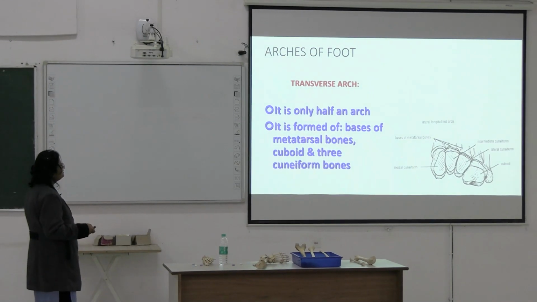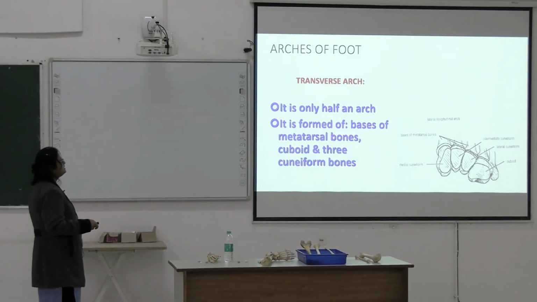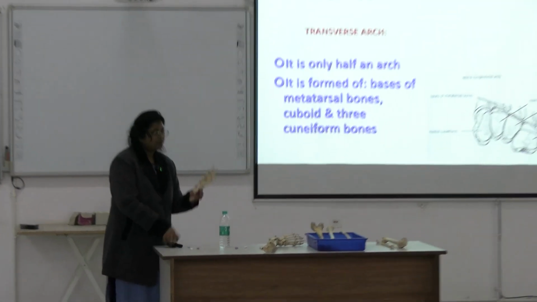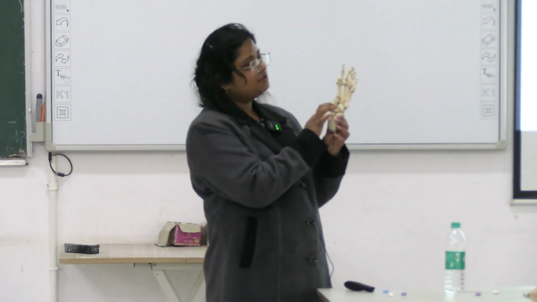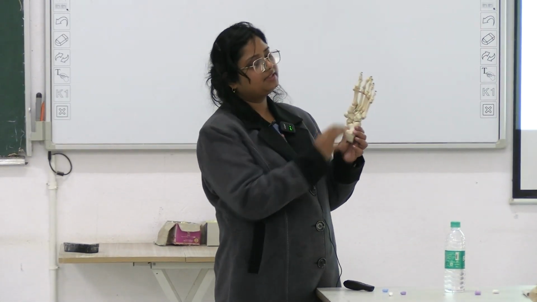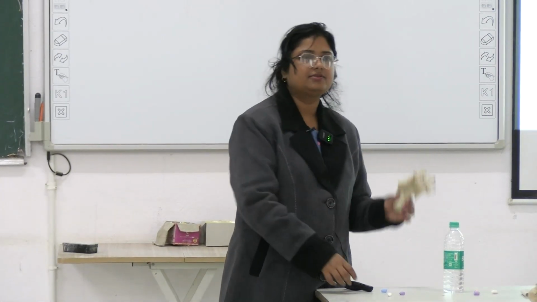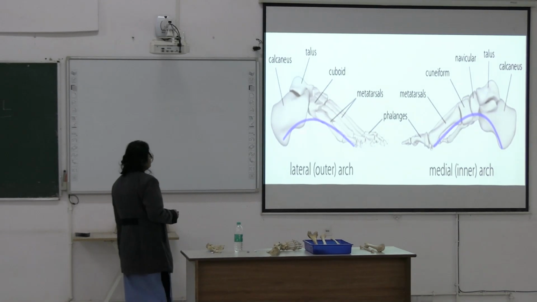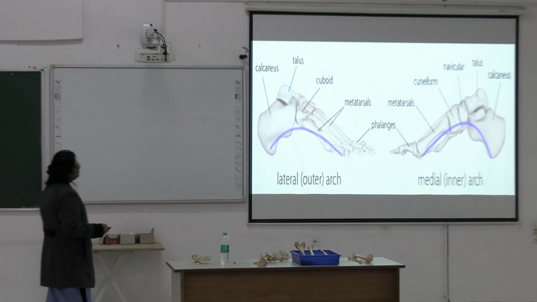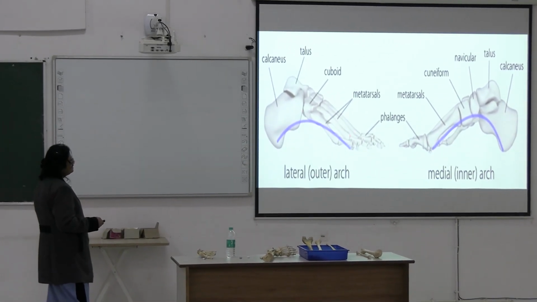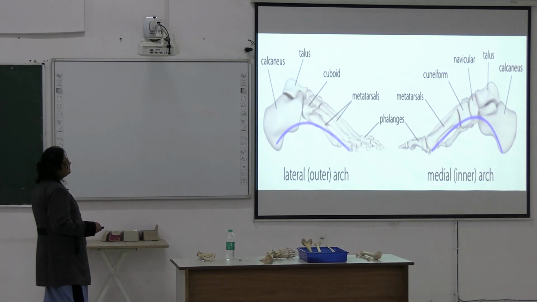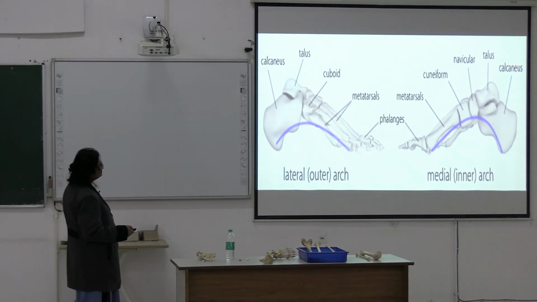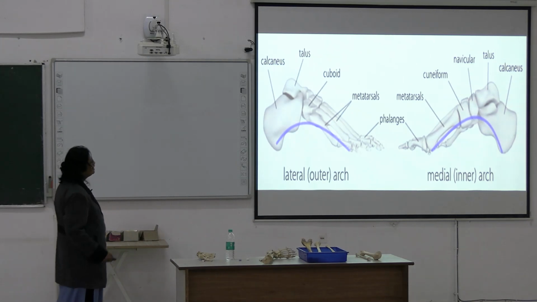This is the transverse arch formed by the bases of metatarsal bones, cuboid and three cuneiforms. Okay, understood? Next, see here, this is the lateral longitudinal arch or outer arch, and the medial longitudinal arch or inner arch. The medial longitudinal arch is higher than the lateral.